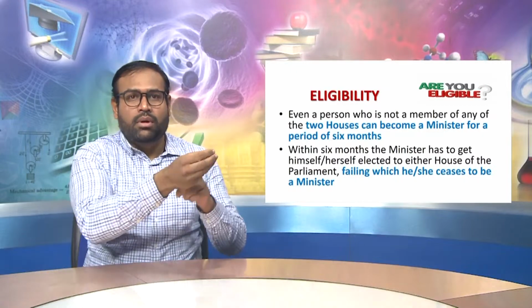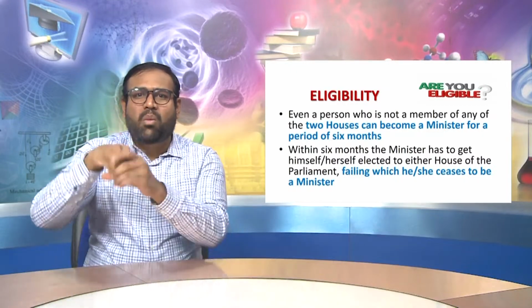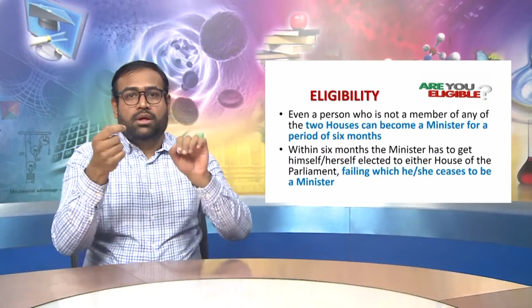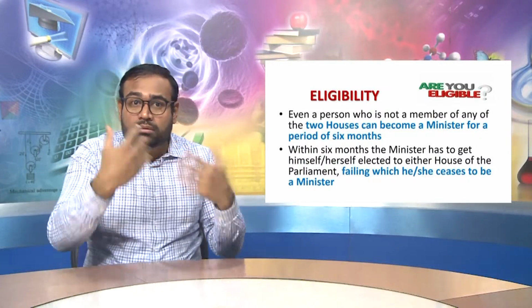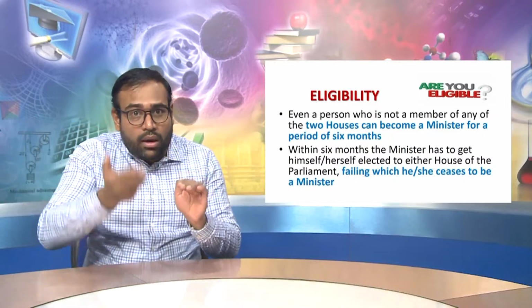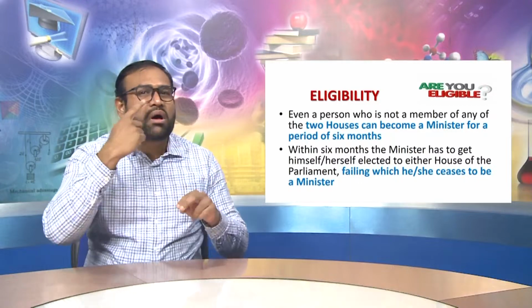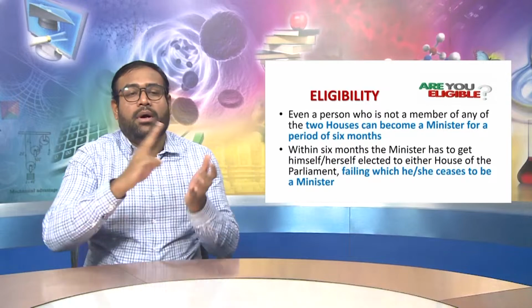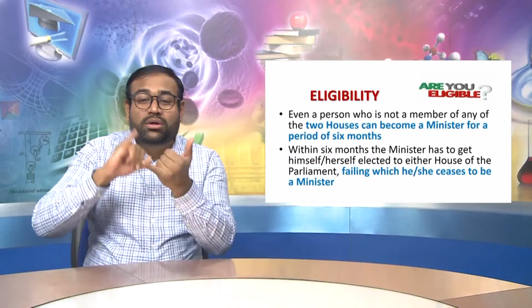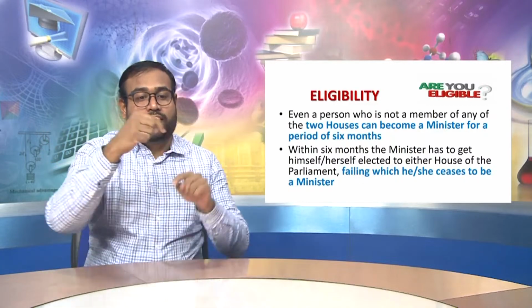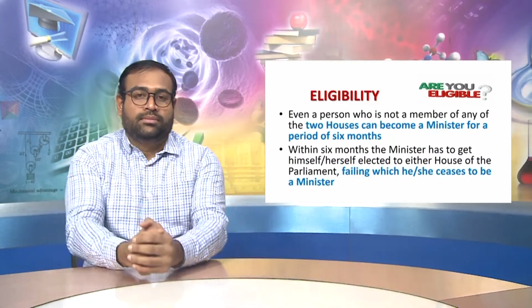Even a person who is not a member of any of the two houses can become a minister for a period of 6 months. Within 6 months, the minister has to get herself elected to either house of Parliament, failing which he or she ceases to be a minister.